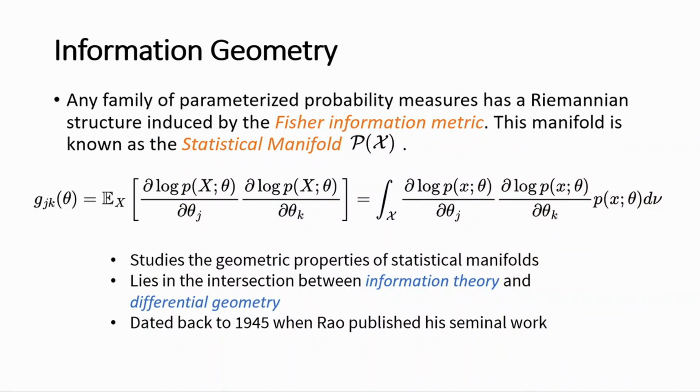Basically, people try to define a space for probability measures, like distributions, for example categorical distributions and multinomial distributions.